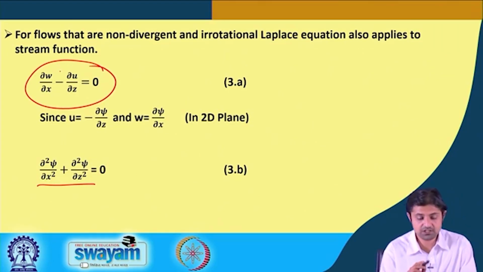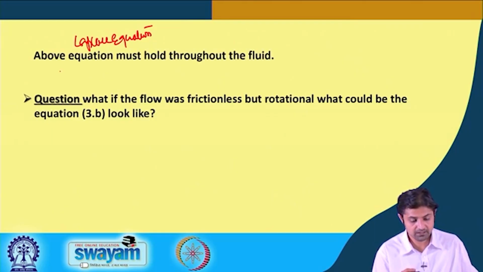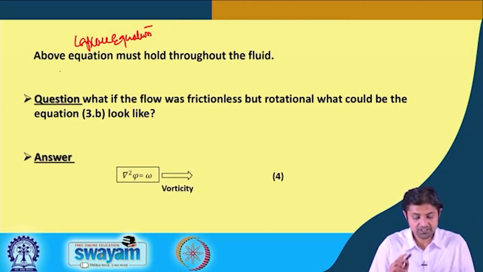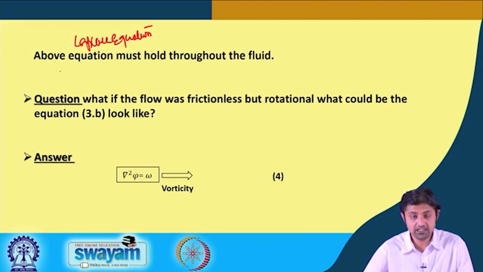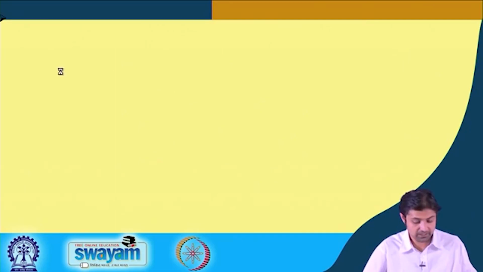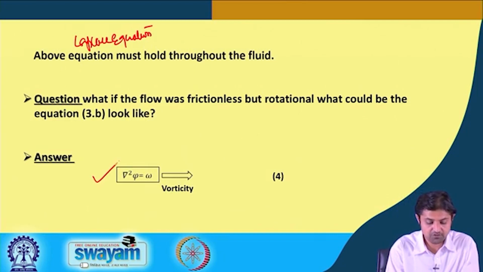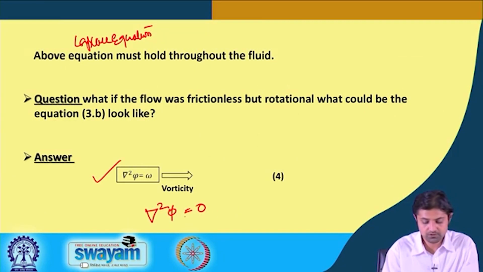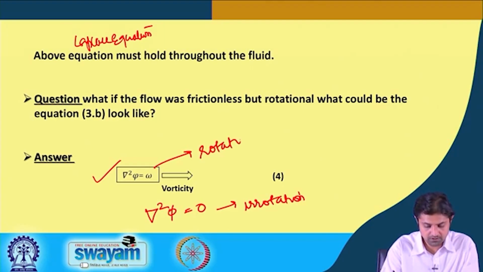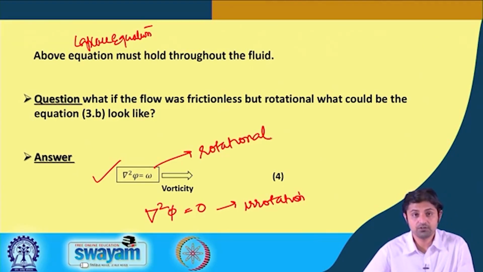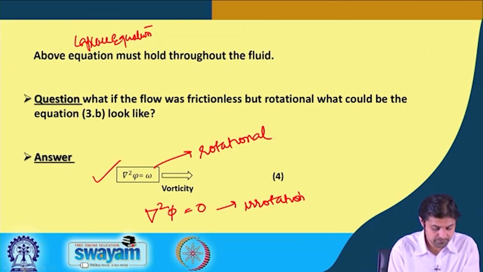But if it is rotational, then del square phi is equal to the vorticity omega. So this will be the resulting form of the equation. For irrotational flow we got 0, and this is true for rotational flow. All right.